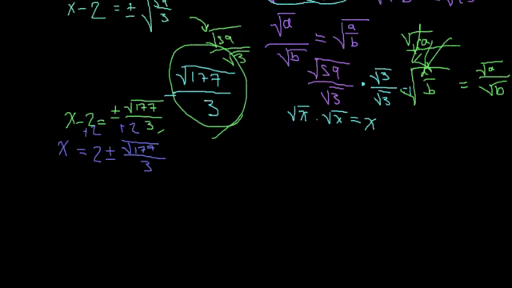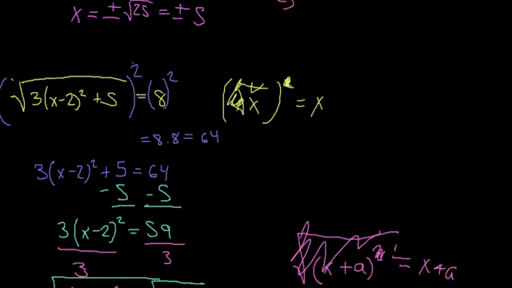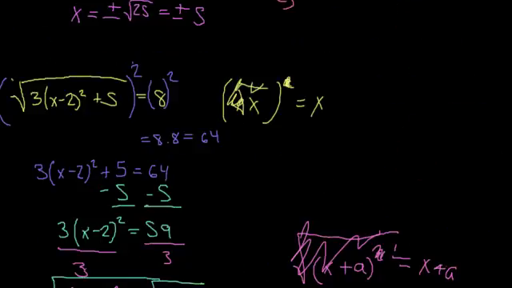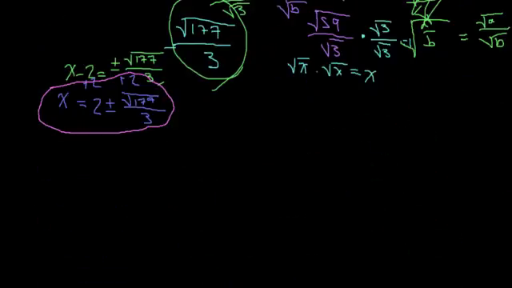And right away you can see this isn't very pretty. But if you were to put that into the original equation, you would get 8, no matter what. 2 plus rad 177 over 3 and 2 minus rad 177 over 3 both solve the equation correctly.